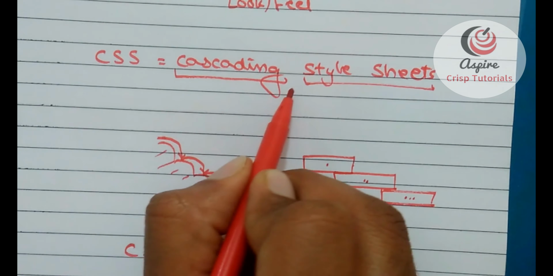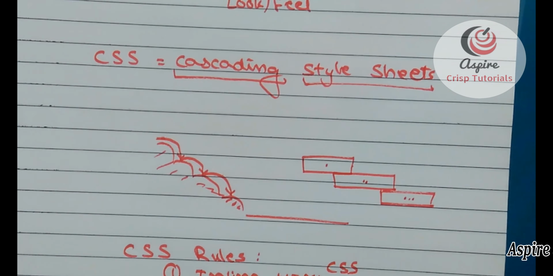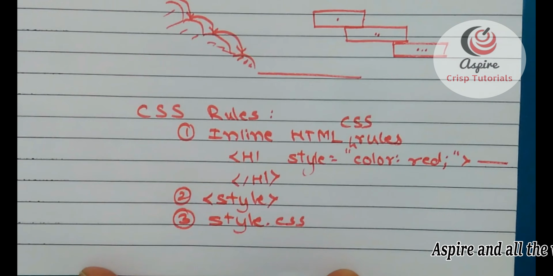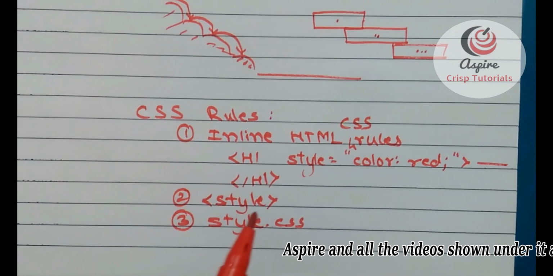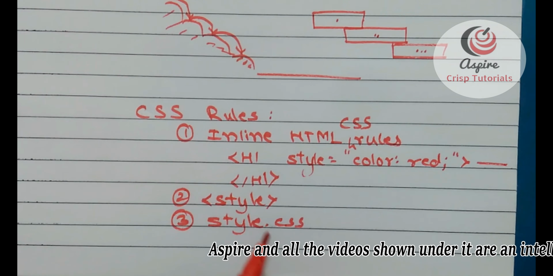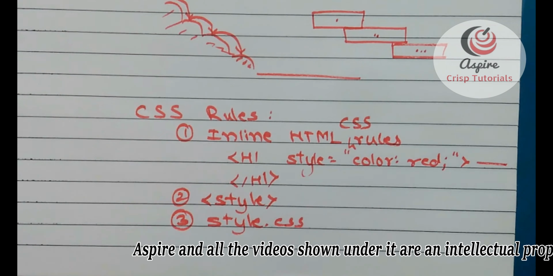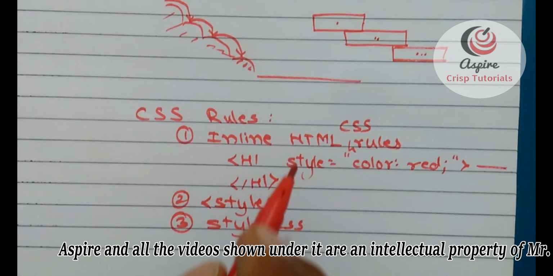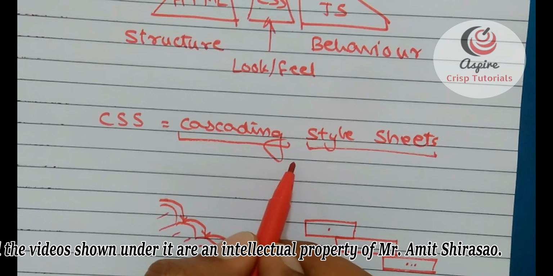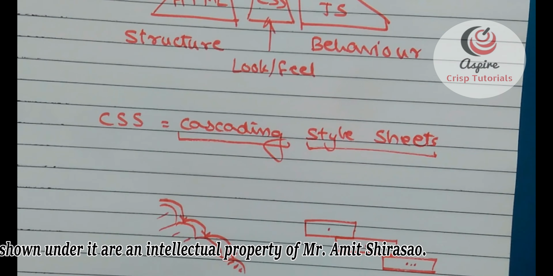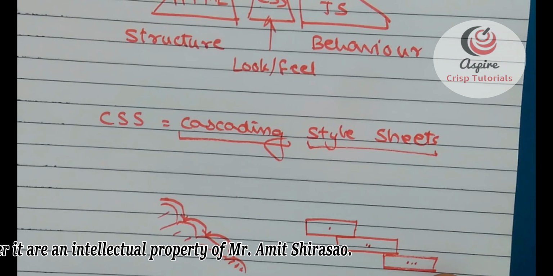The cascading rules of the style sheet come into play, and then finally it is decided which of the rules actually takes precedence and which rule actually governs the UI. So it depends upon the cascading rules of the CSS, and hence CSS is called Cascading Style Sheets. So let's explain this with an example.